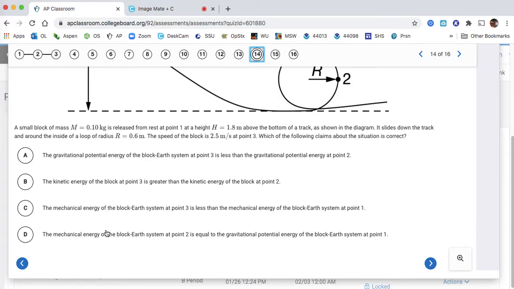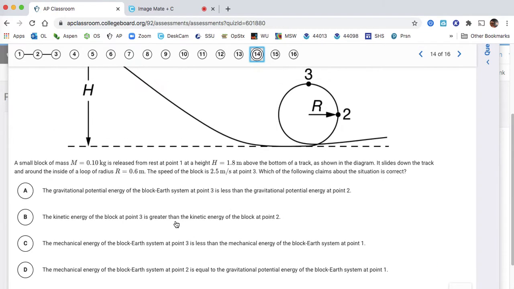So this isn't true because friction is present. The mechanical energy of the system at 3 is less than the energy of the system at 1, because it's only going 2.5. It should be going 3.46, but it's not. It's going slower than we think it should be if there's no friction.